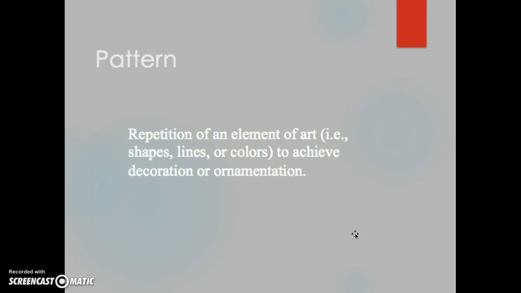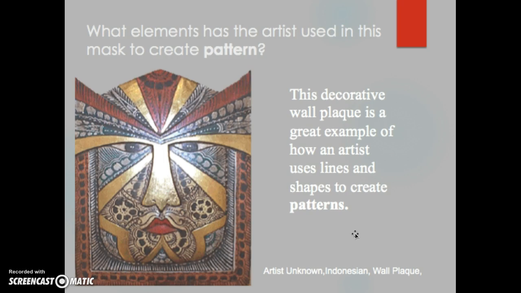How about pattern? Everybody knows patterns. You could look around you right now and I bet you'd find all kinds of patterns in the carpet, in the walls, in your clothes, whatever. How has the artist used pattern to create this mask? What elements did they use to create pattern? Pretty easy, right?